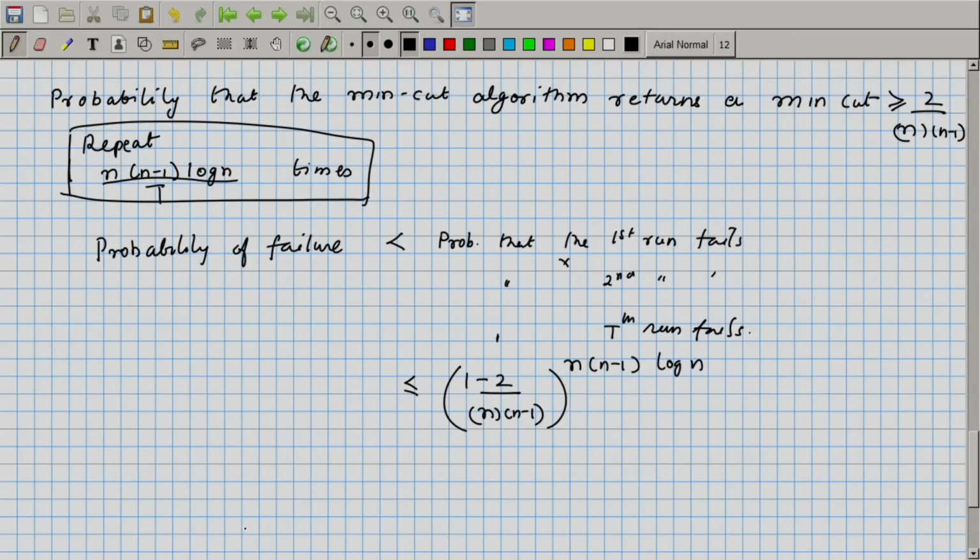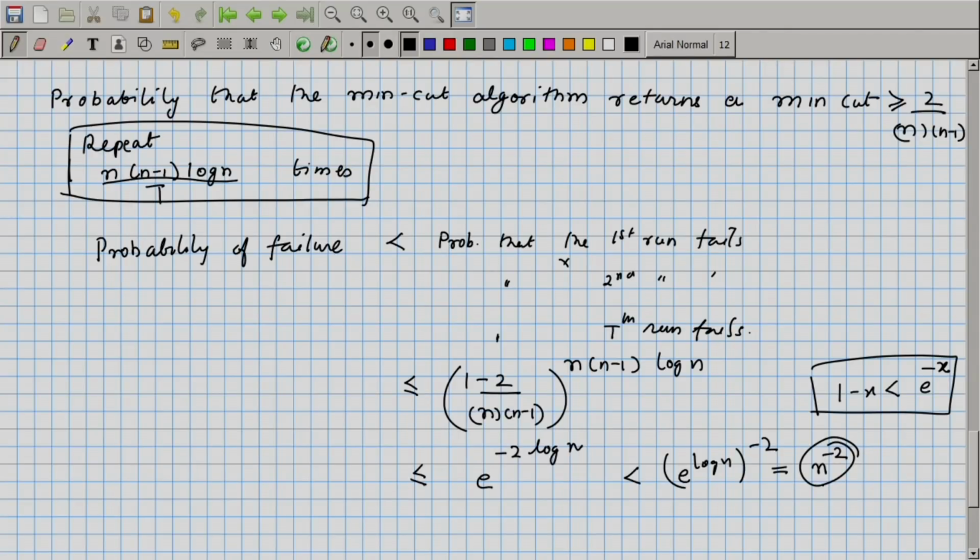Now, 1 minus x is surely less than e to the power minus x. If we apply this approximation, we will get this quantity to be less than e to the power minus 2 log n. That is less than e raised to log n, the whole raised to minus 2, which is equal to n raised to minus 2.